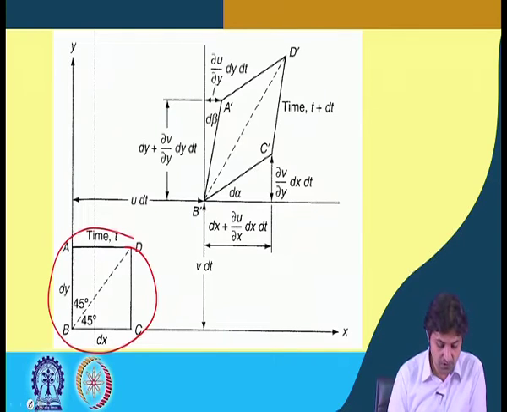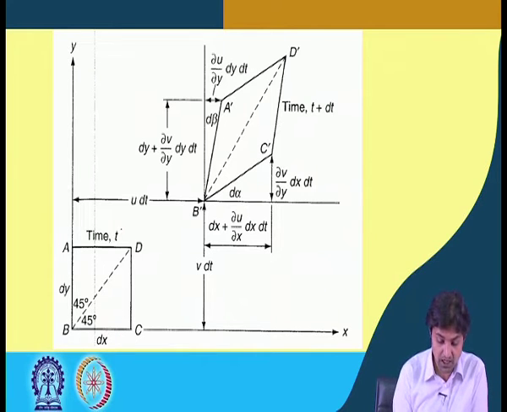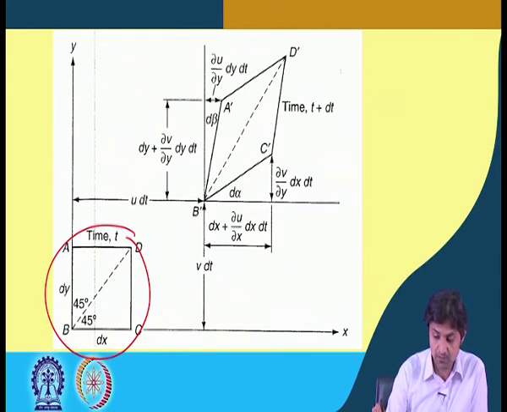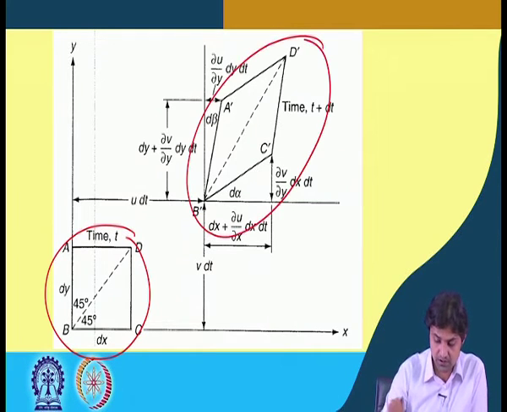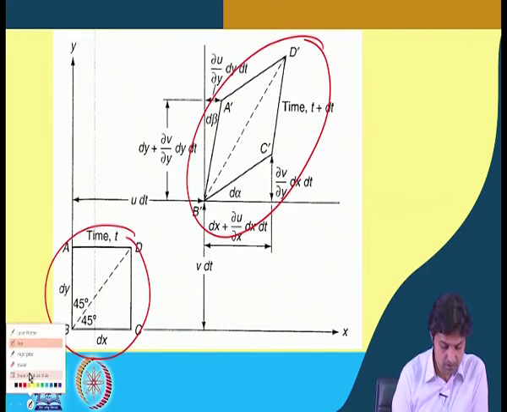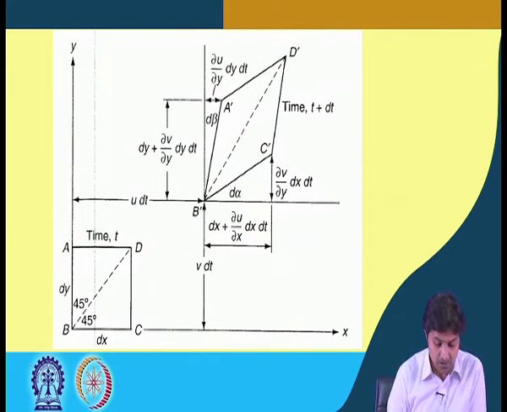The position of this element at time t, this is position at time t, and its position at time t plus dt is shown like this. So, now with reference to the above figure, we can observe the following transformations or deformation in the fluid element within the time interval of t plus dt.